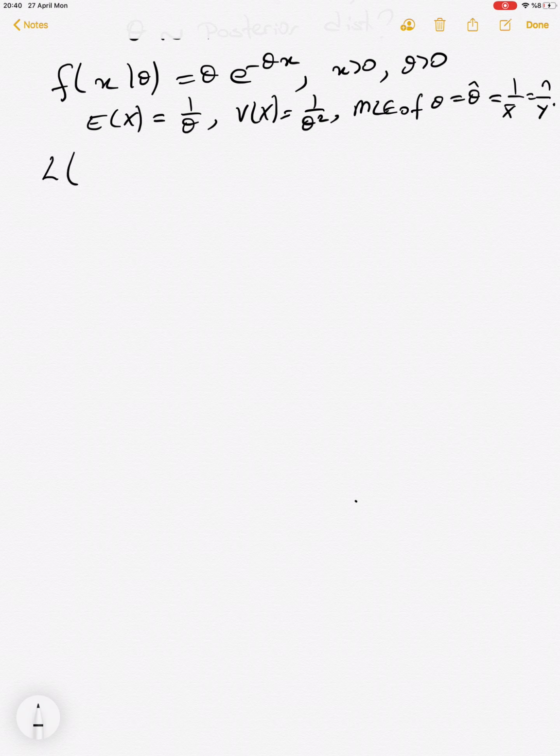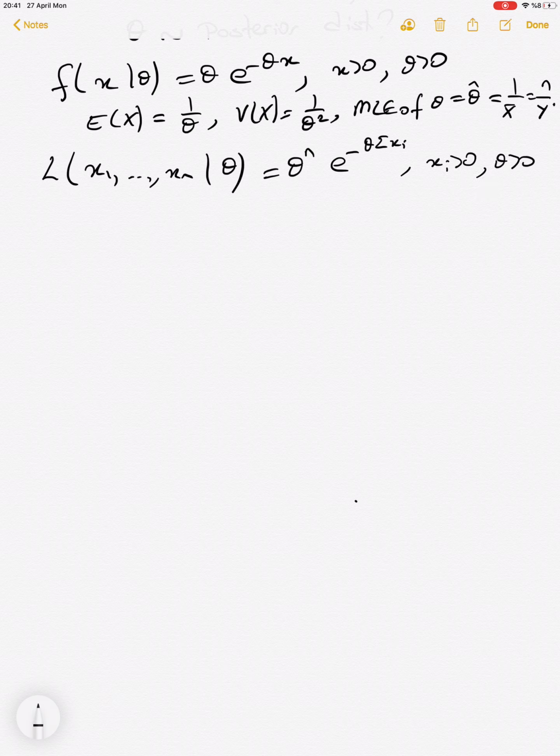So let's find the likelihood function of the sample x1 to xn given the parameter value, which is theta to the n e to the minus theta summation xi, each xi greater than 0, theta greater than 0. So this is our likelihood function.